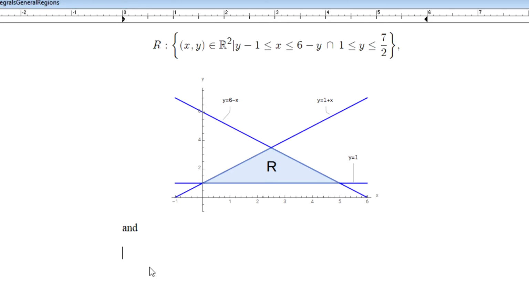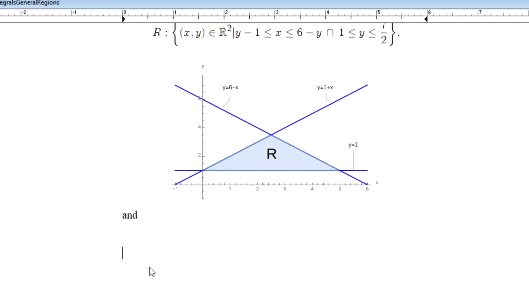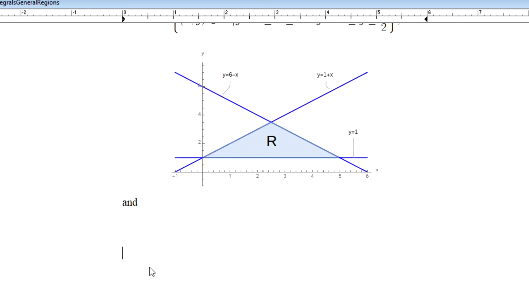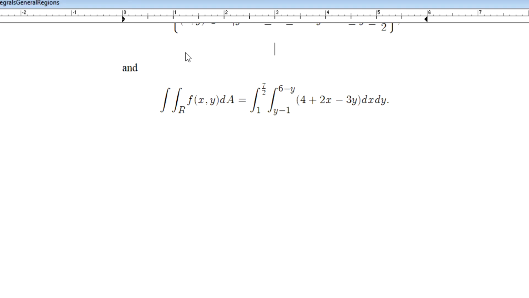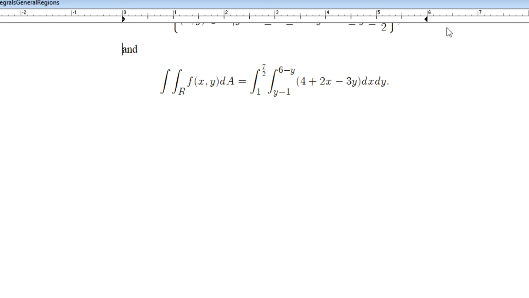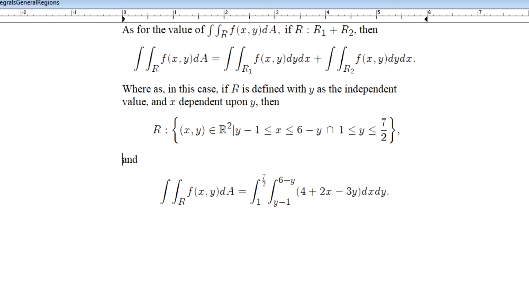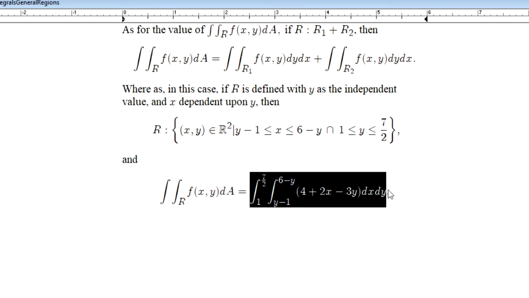So when it comes time for the integration, I'm trying to bring this up into view here. The integration would be described as follows. This double integral of function f over region R would be this integral calculation here.